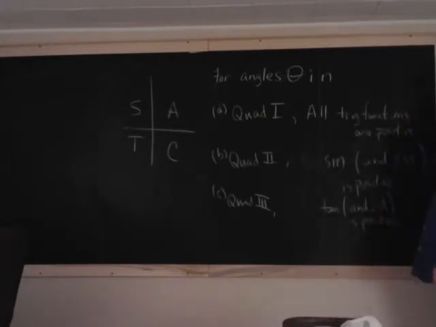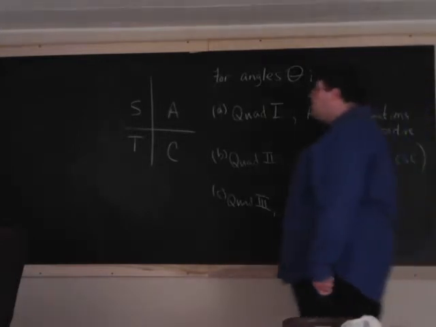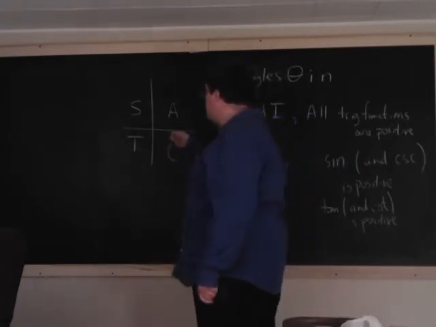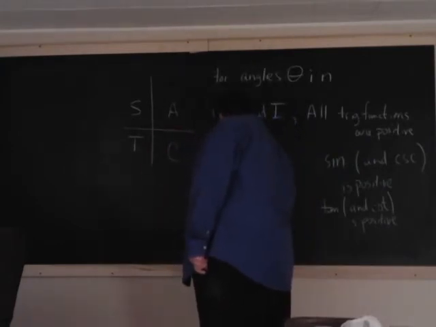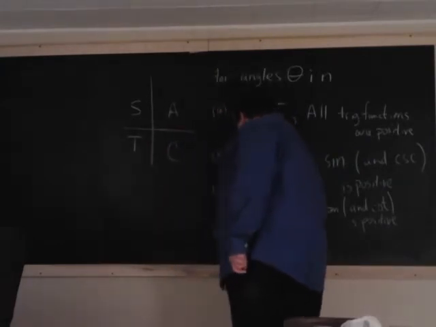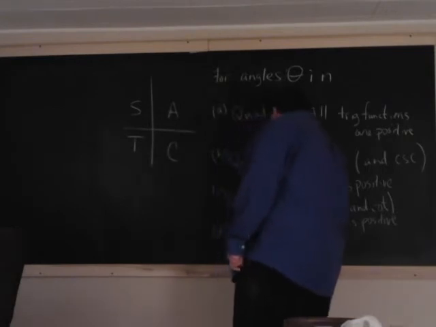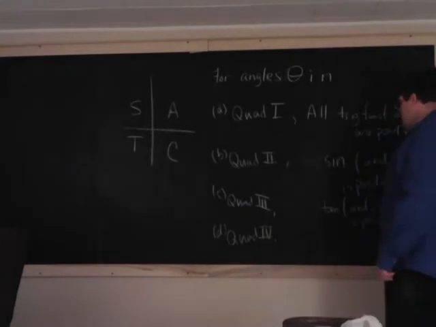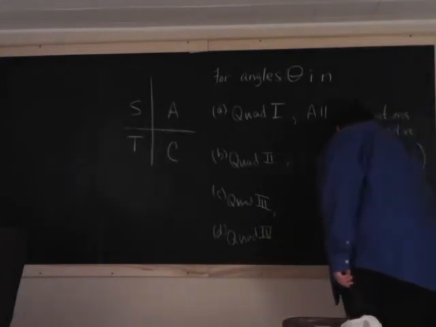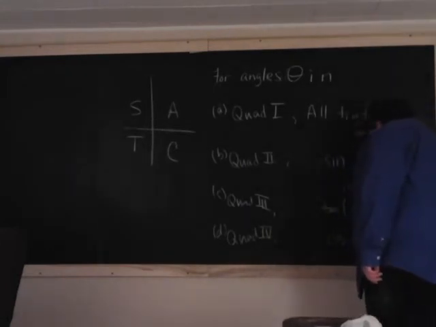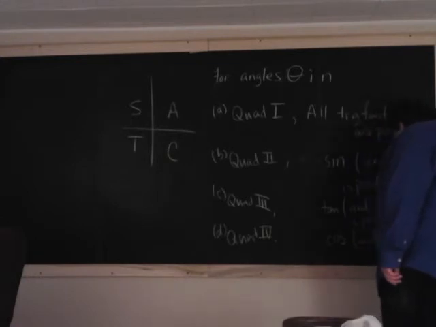So in quadrant 3, tangent and cotangent are positive, and in quadrant 4, for carefully, C means cosine. So cosine is positive and secant is positive. Cosine and its reciprocal, which is secant, are positive.